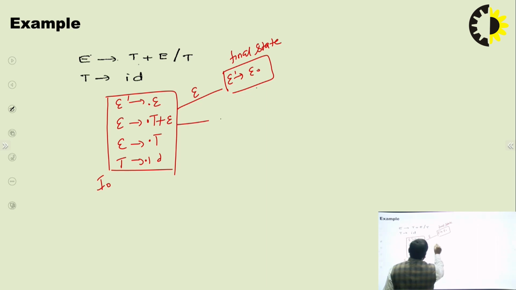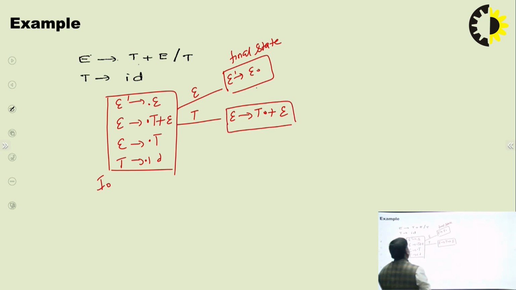Now here we find T, and E tends to T dot plus E, and on plus, then no further expansion is allowed.